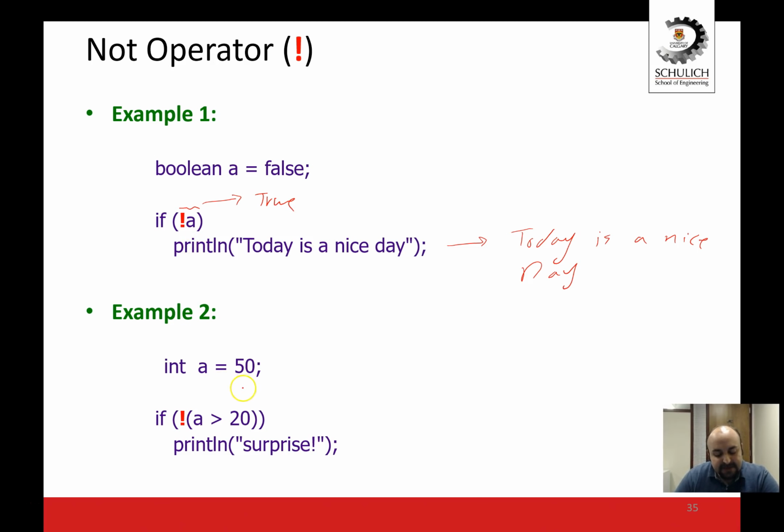Here, A is 50. So if A is greater than 20, this is actually true. Then we have the not here, so you're saying not true, which as a whole ends up being false. So then nothing prints.